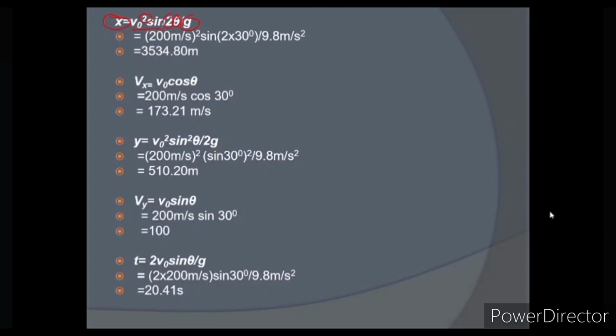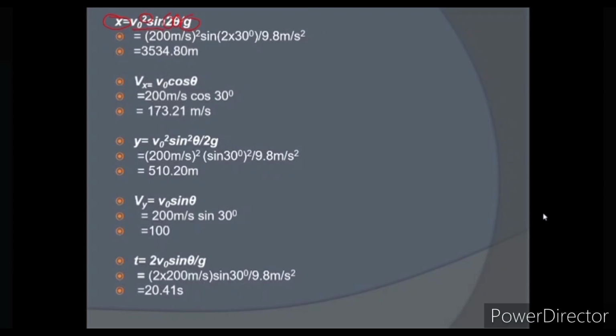Meron tayong 200 squared, sine, parenthesis muna, sine 30, squared. And then, divide by 2 times 9.8, the gravity.